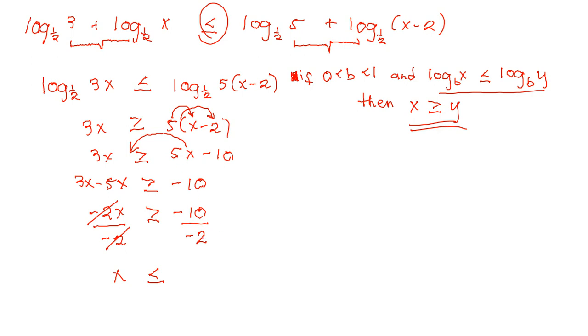So negative 10 divided by negative 2, that would be negative 5. So this is the first value of x that we have. Okay? After nyan, we will be applying also the property na kung saan yung x is greater than 0 and then y is greater than 0.